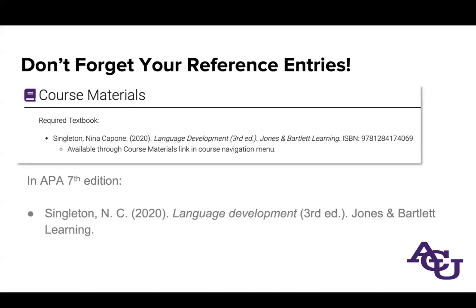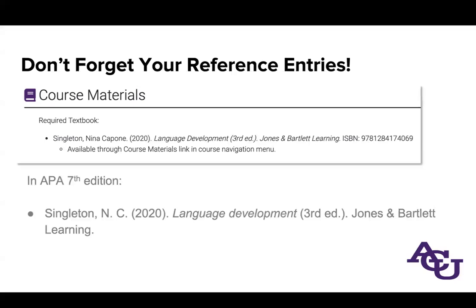Singleton, N. C. Note that the first and middle name get abbreviated to initials, and that it's initial, period, space. Then we have the publication year 2020, close parentheses, and another period. There's a title, Language development. Note that that is written in sentence case in APA 7th edition, not in title case like you see in the syllabus.